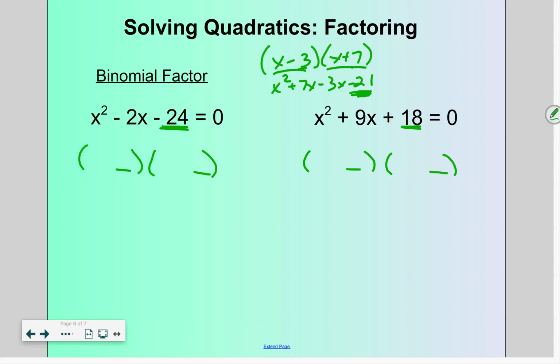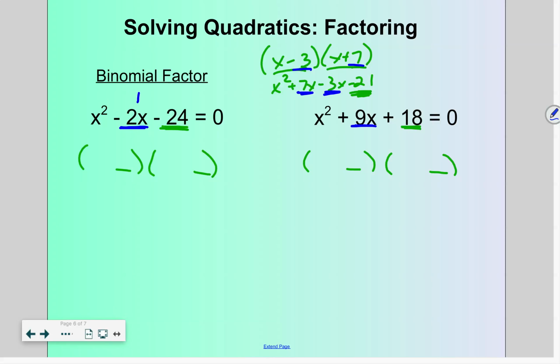So we need two numbers that would multiply to 18. We also need those same two numbers. You'll notice that we had a minus 3 and a plus 7. Well, we had a 7x and a minus 3x, which together are going to make a 4x. So we need to find two numbers that are going to add together to get us the middle 9 or the middle negative 2.